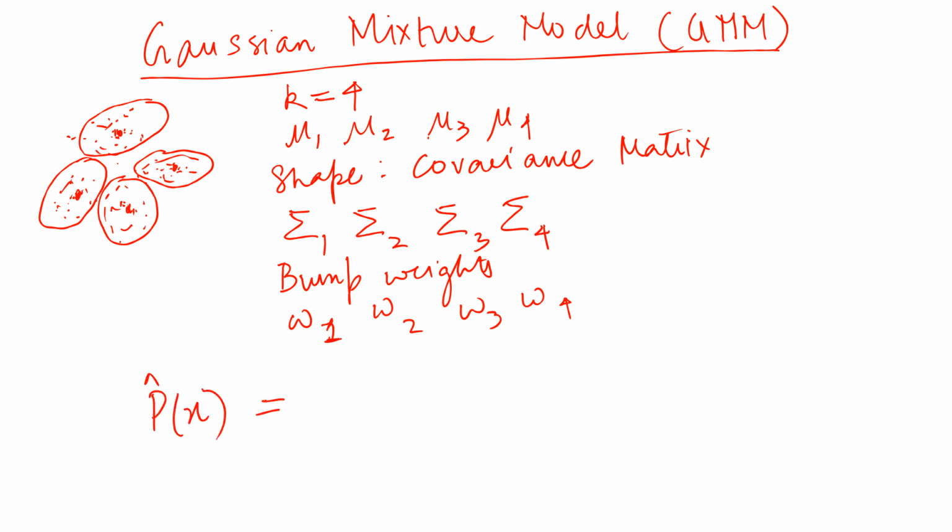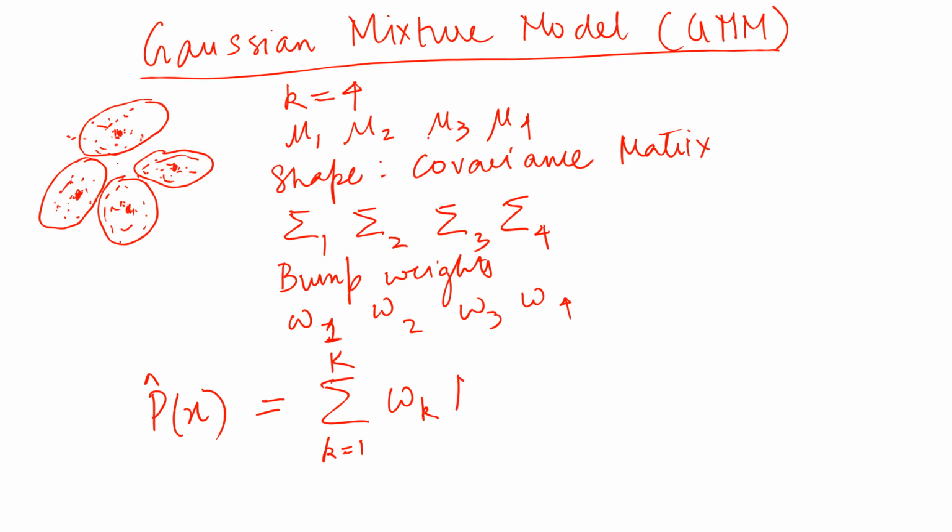And I'm going to write this as a sum over all the centers, starting from k equals 1. Let's say I have a total of big K centers, and then the weights of each bump multiplied by the density for each bump.